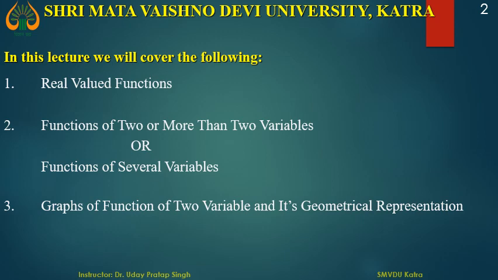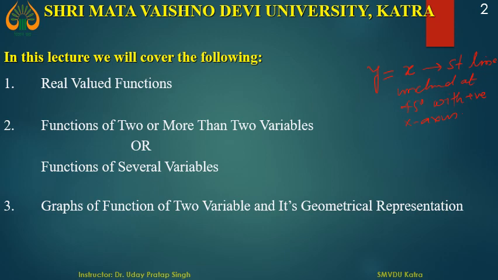We know the geometrical representation of function of one variable. For example, y is equal to x. It is a straight line inclined at 45 degree with positive x-axis.